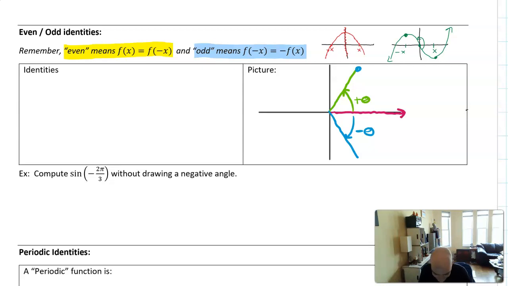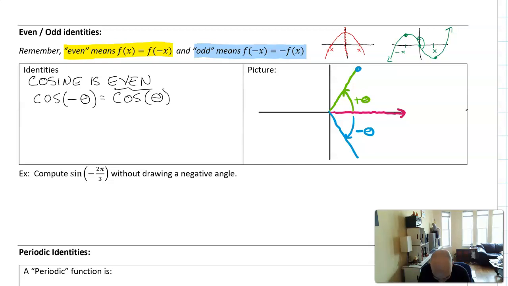So here are the identities, and then we're going to refer back to this picture to justify why they're true. The first identity is that cosine is even. That is, cosine of negative theta, although it's often written with x, is equal to cosine of theta.